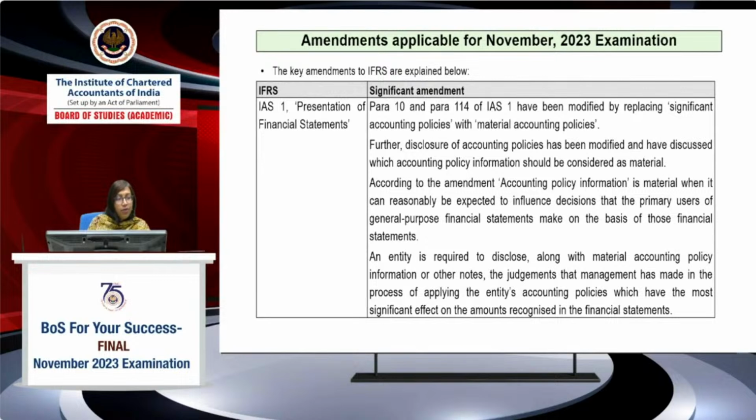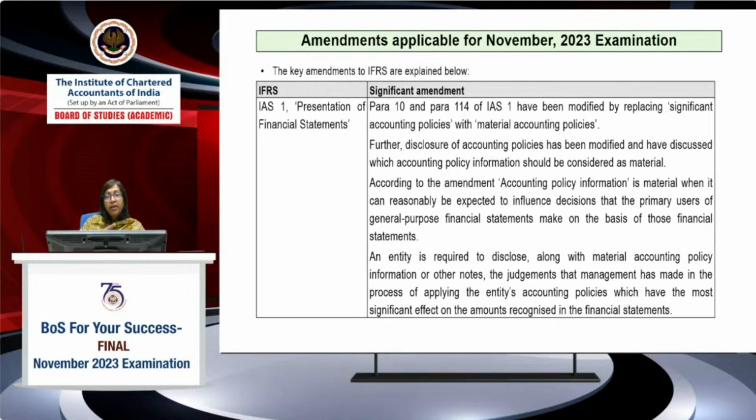So since we have time, I'll just brush up with the amendments, but not in much detail. Wherever you feel that you require a more detailed explanation, you can let me know. Your study material is the October 2021 edition.